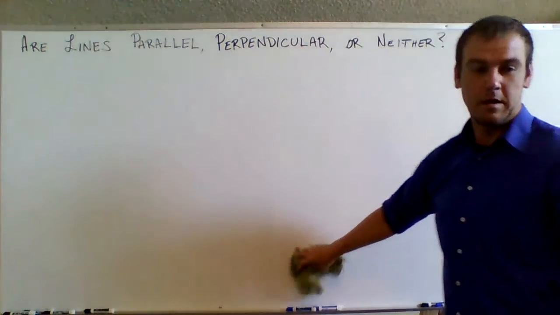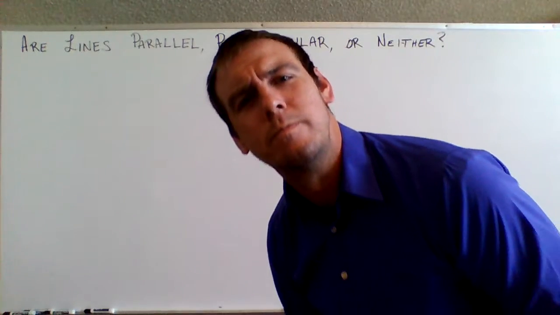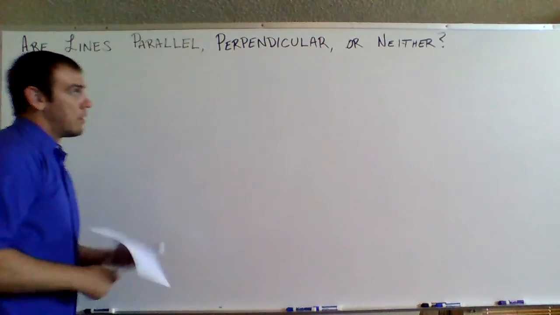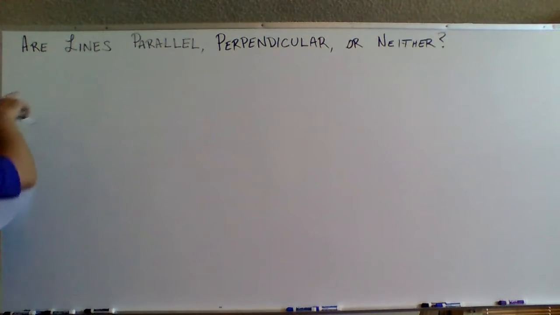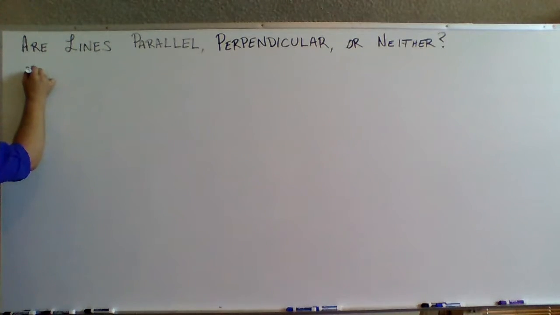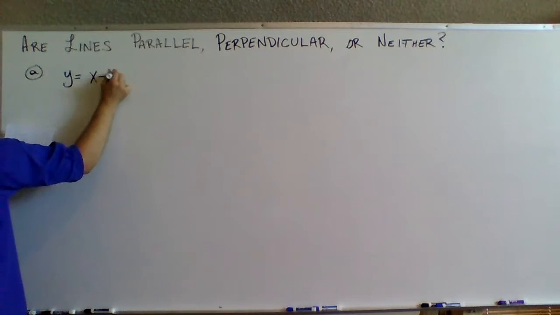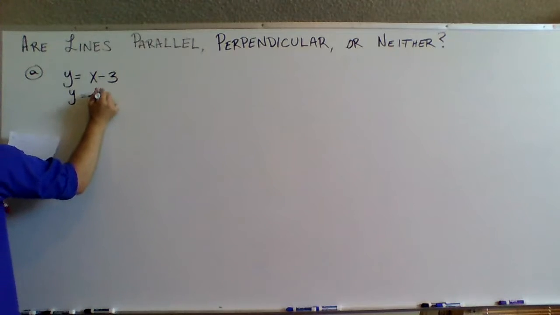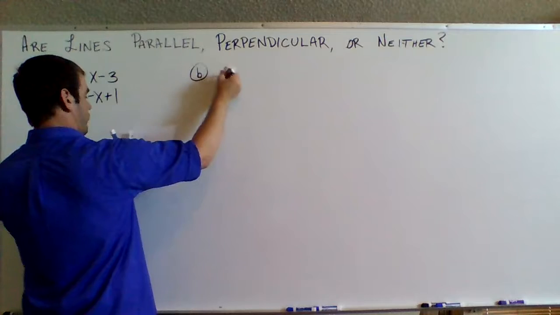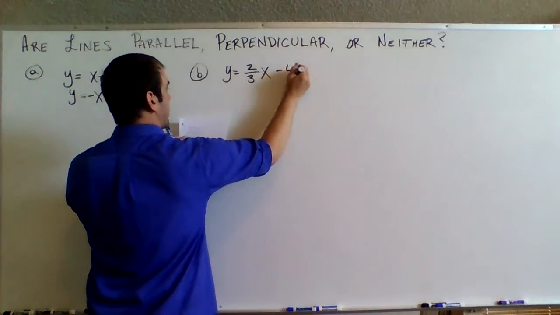Alright, here we go. I'm going to put up a bunch of lines here. Basically, the question is, are the lines parallel, perpendicular, or neither? Our first example is going to be the letter A. y equals x minus 3. y equals negative x plus 1. y equals 2 over 3 x minus 4.